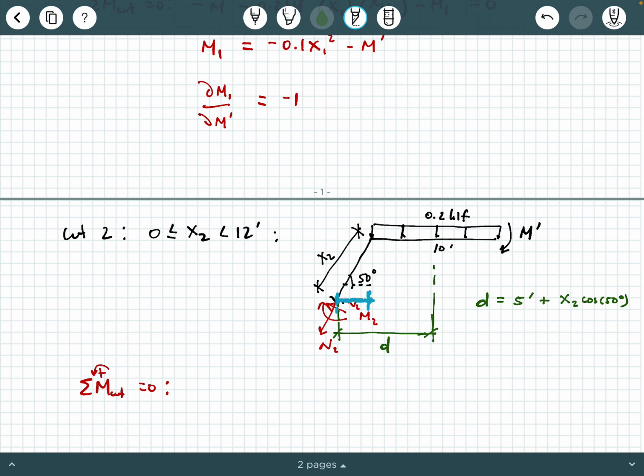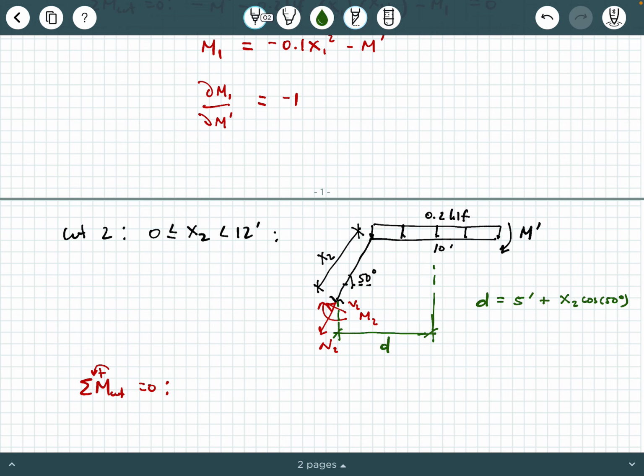What about the horizontal distance from the cut to the corner of the frame? That's the x2 cosine 50, all right? So it's that diagonal length x2 times the cosine of 50 degrees. That gives me this horizontal distance from the cut over to the corner of that frame. All right, and then I add that to this 5 feet, and that's how I get D.